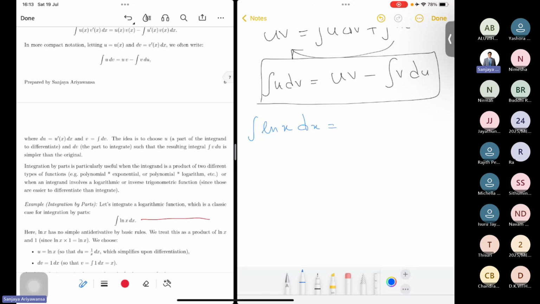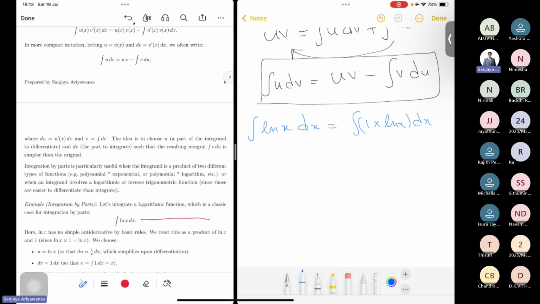So integration by parts goes like this. If I have log x dx, I would identify this as 1 times log x dx, because log x multiplied by 1, you get log x, right? Now, what does integration by parts tell me? I have to identify two things.